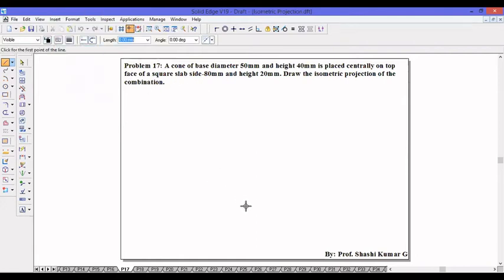So here we have a square slab of 80 mm. So 80 mm at 30 degree, 80 at 150 degree, 80 at minus 150 degree, 80 at minus 30 degree, and take thickness or height 20 mm. From every corner, 20 mm at minus 90 degree.